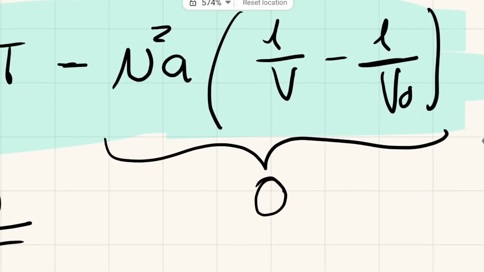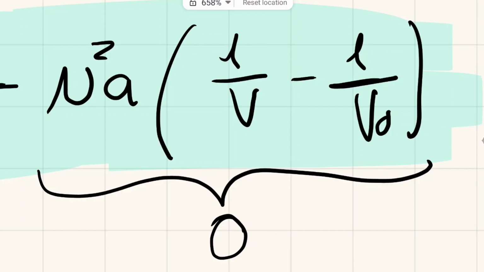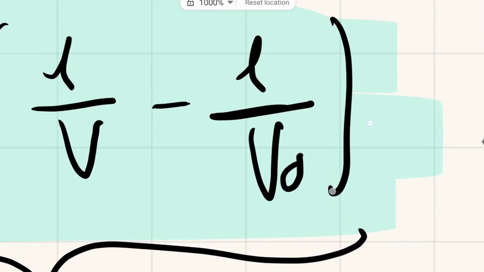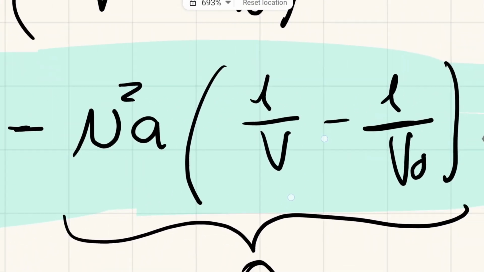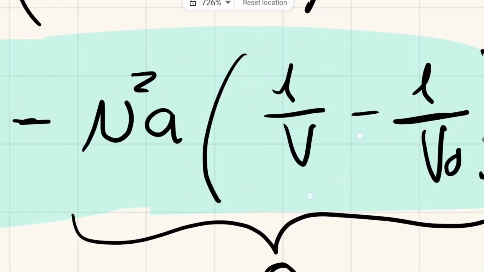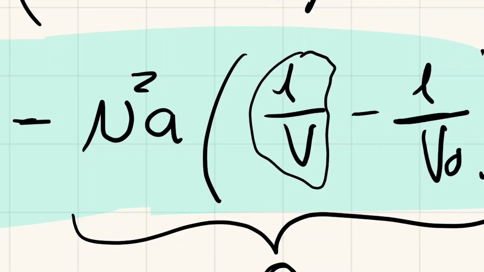Another thing is that if we do not consider a big volume for the initial volume, but b increases, right? Then if b is big, this element is going to be equal to 0, right?